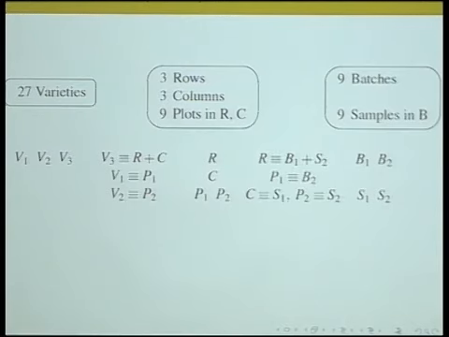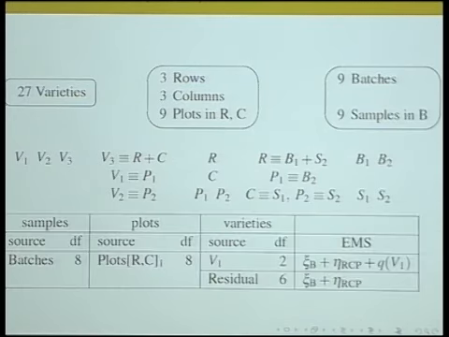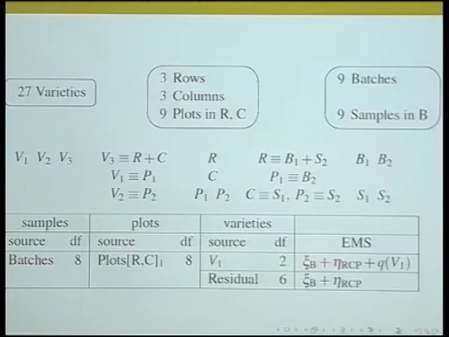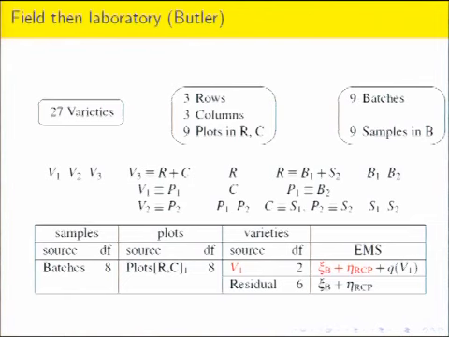if I manage to make sure that the things confounded with batches, I've done it in a slightly more cunning way, I don't get any R or C terms in, so that everything confounded with batches comes from the plots within rows and columns. So I've still sacrificed this, but this is with the smaller variance there and the bigger variance there, so that's better than the other one that had all the big variances.